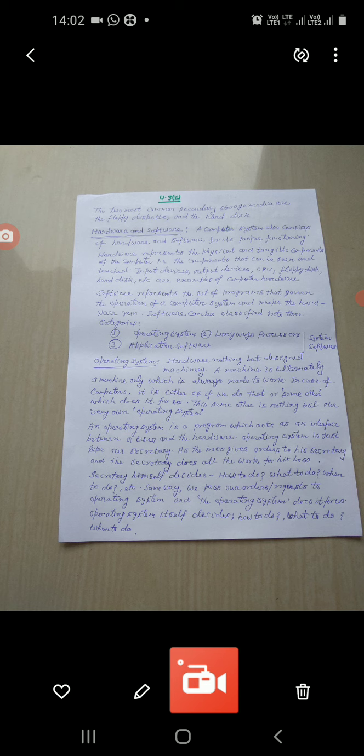The secretary himself decides how to do, what to do, when to do, etc. In the same way, we pass our orders and requests to the operating system, and the operating system does it for us.